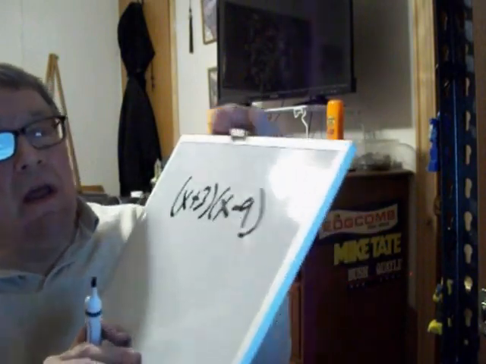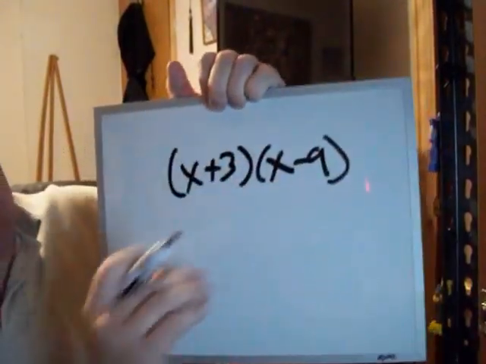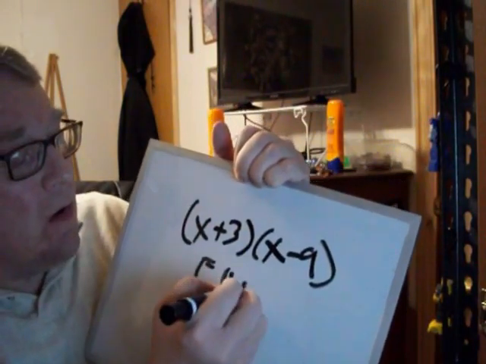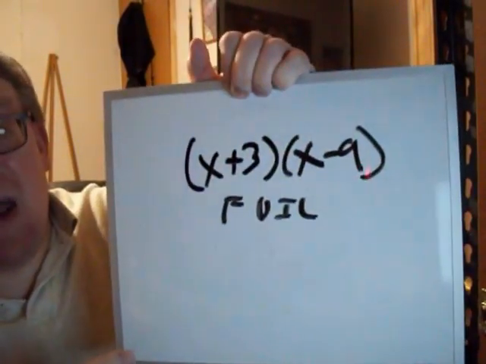And I will say, although it's rare, when you're using the mathematical parentheses, you may have something called the FOIL method of mathematics.